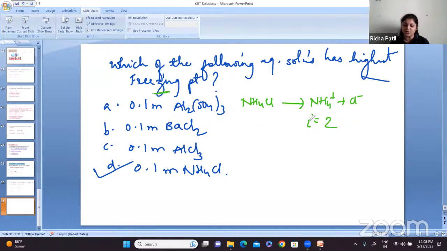So your i is equal to 2, which is the least among all, so it has the highest freezing point.